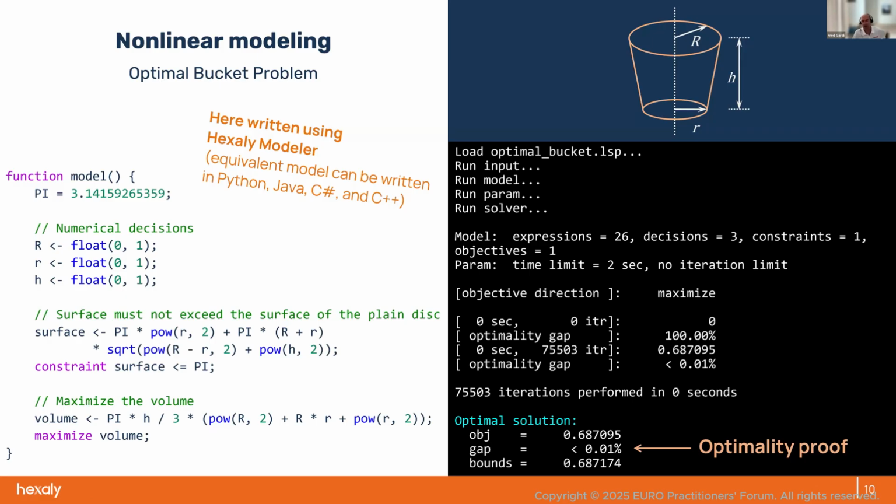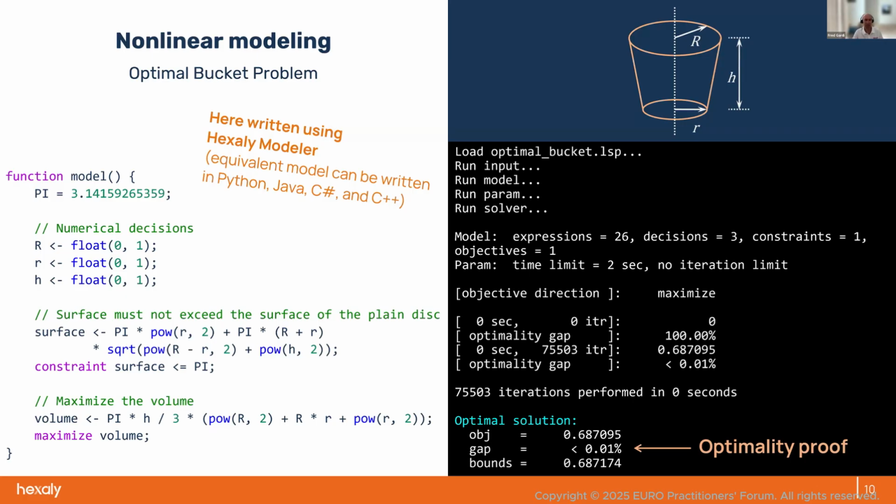With Hexaly, we solve it very quickly, and you see the expression of the problem is very simple. It's a direct translation. This is really what we wanted from the beginning. When we started in 2012, we wanted to build a very expressive, very general solver that can solve these problems at hand. And this is what we have.